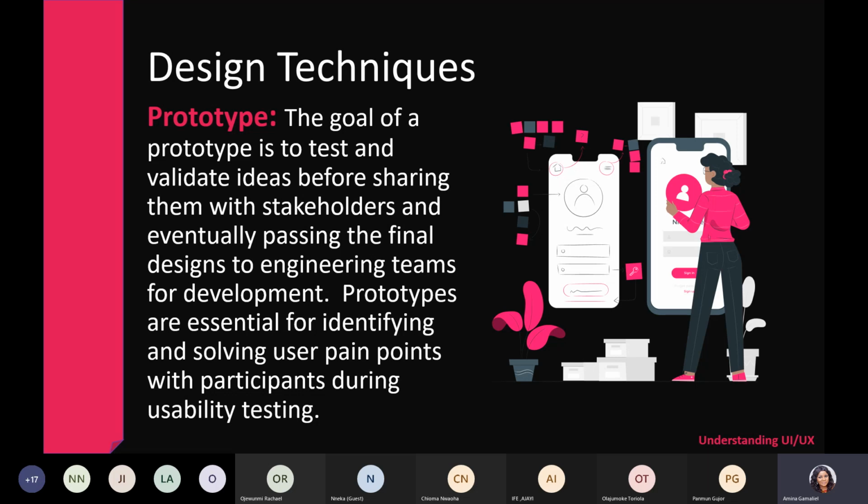The engineering team we're talking about are our software developers, except in this case we are future Power Platform, Power App developers. We are our designers and developers at the same time.